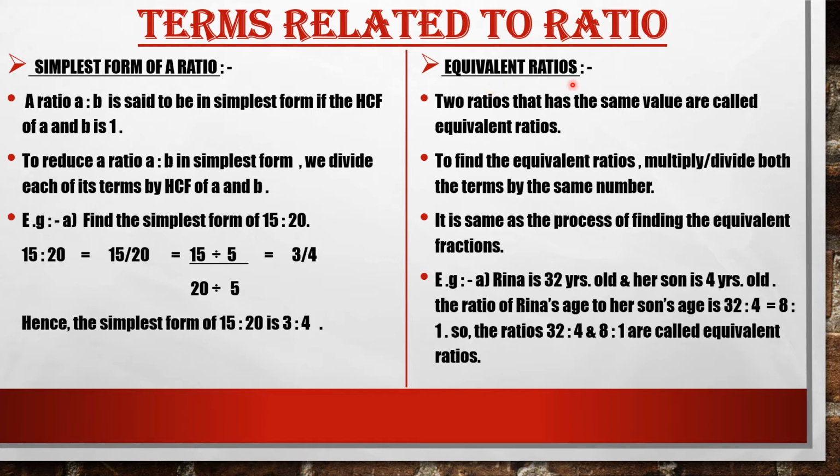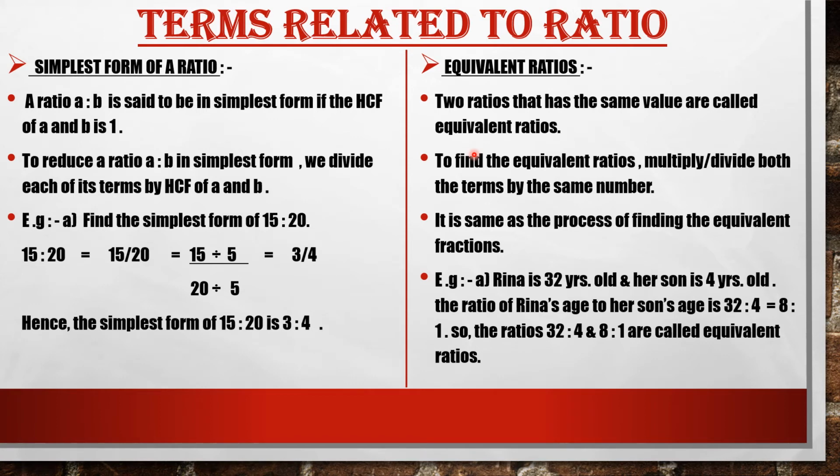Equivalent ratios. Two ratios that have the same value are called equivalent ratios. For example, 1:2 is equal to 2:4. Both the ratios have the same value. 2:4 when reduced to lowest term is equal to 1:2.